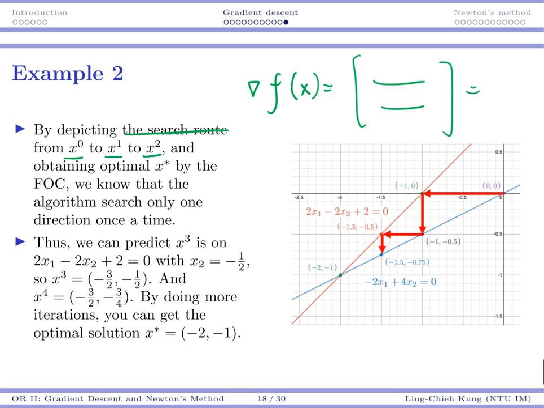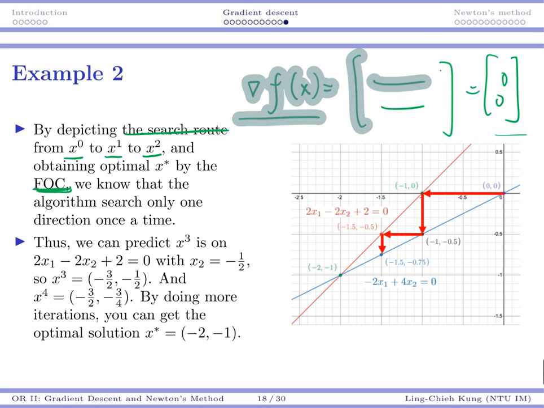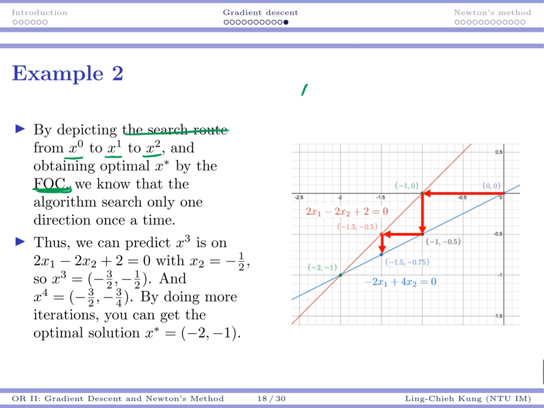And if you depict the so-called first order condition, where the gradient must be 0, you're going to see that you get two straight lines. One is here, one is there. The two straight lines are nothing but setting your gradient to 0. That gives you the two straight lines. And if you want an intersection, that's here. It's -2, -1.